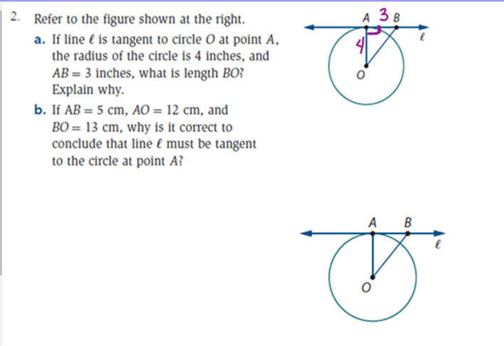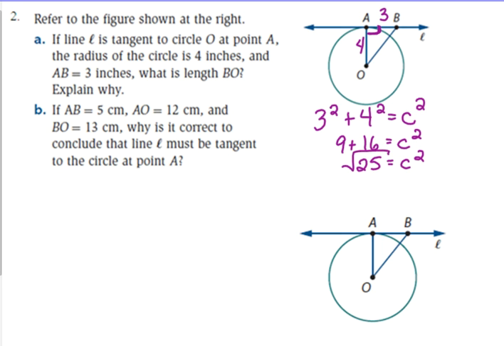We got a right triangle right there, so we use the Pythagorean theorem. So 3 squared plus 4 squared equals our hypotenuse squared. So that's 9 plus 16, which is 25. So that means that our hypotenuse, BO, equals 5 inches.